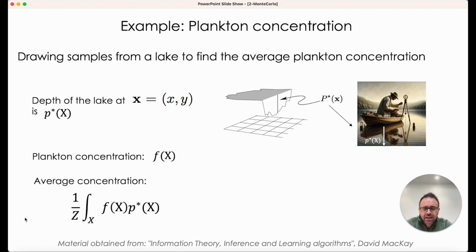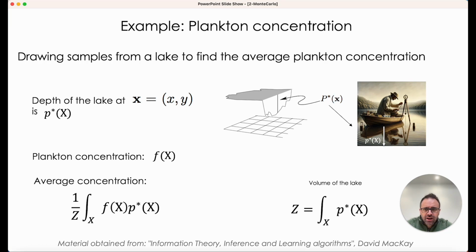We need to normalize, and we need to multiply everywhere the plankton concentration times the depth of the lake. So why is the lake the distribution? Because in areas where the lake is way deeper, we have more mass. So in that area, the concentration of plankton is going to matter the most compared to the areas where the depth is not so big, right? The volume of the lake is going to be our normalizing constant.